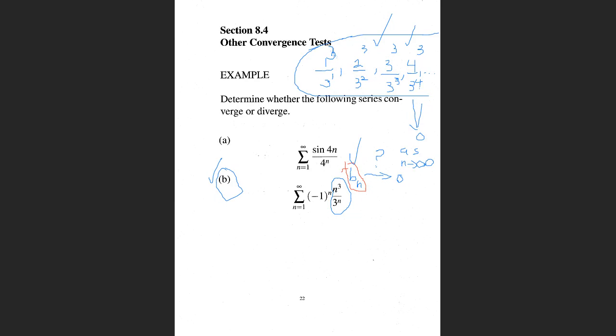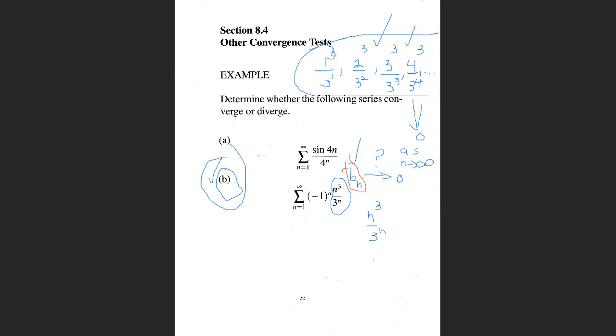So what we're going to do is, instead of using the alternating series test, and incidentally, if I were to try to use absolute convergence on this series in B by taking the absolute value of the terms, usually when you use absolute convergence, you could apply the comparison test.